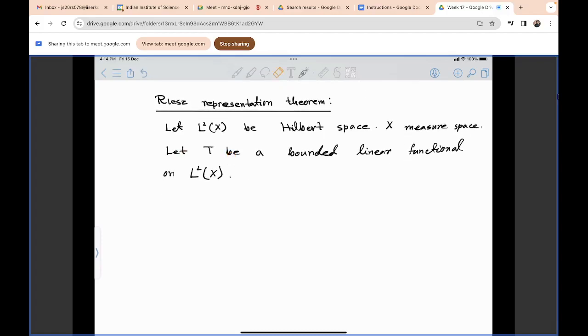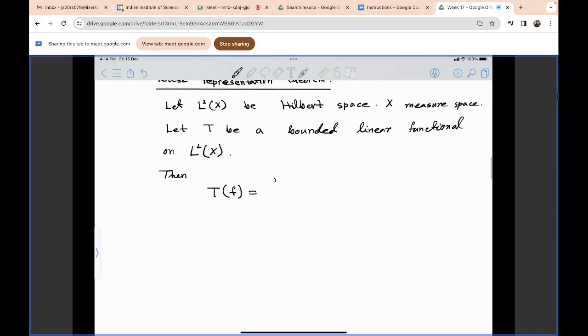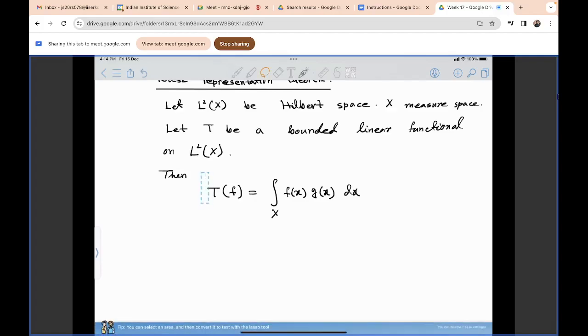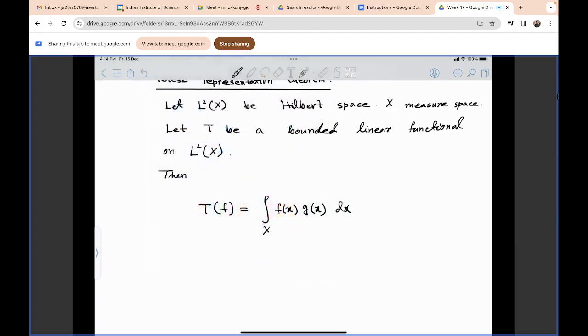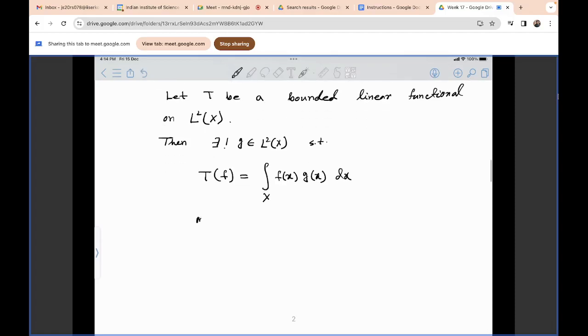Then the Riesz representation theorem says that there exists a unique g in L2(X) such that T of f is given by the integration over X of f(x) g(x), and the norm of T is given by the L2 norm of g.